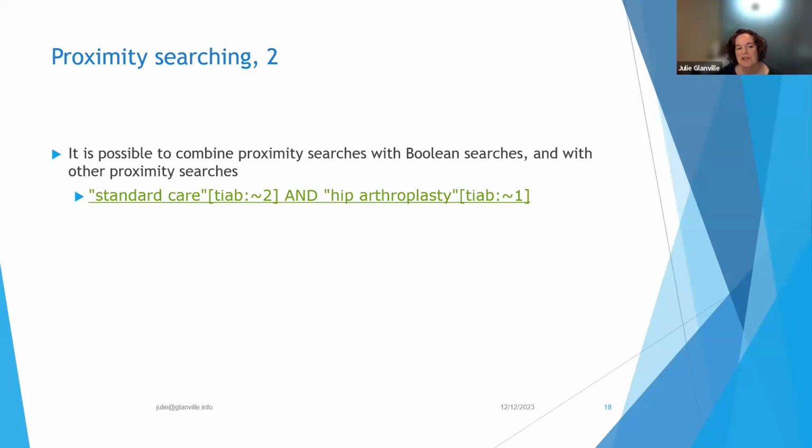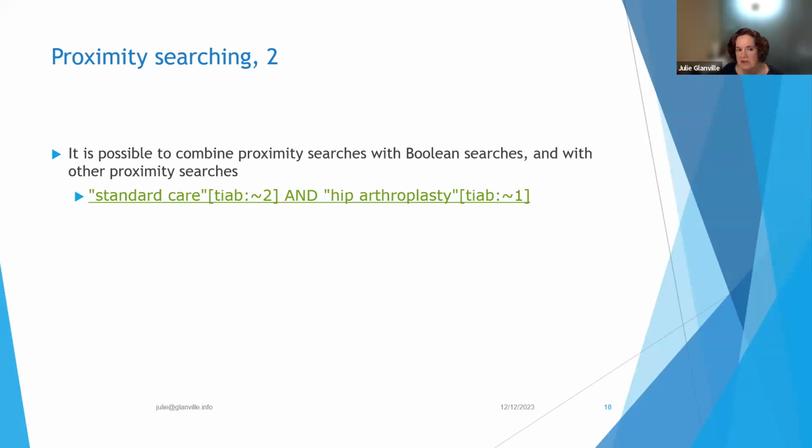Yeah, proximity searching is important and helpful, because if you just search with AND, if we're searching for breast and cancer, the word breast could be in the first sentence of the abstract, and the word cancer could be in the last sentence of the abstract. And even though they're both in the record, they may not be actually related in a meaningful way.